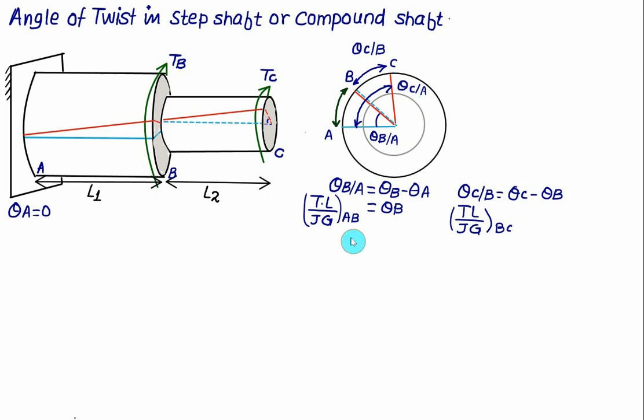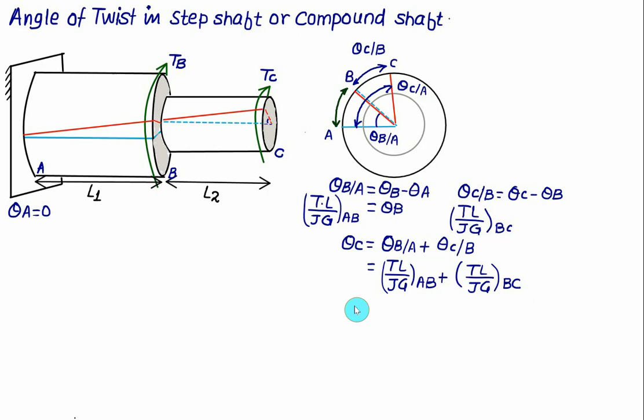The absolute value of theta C, the total deformation of C with respect to A, is the twist of B with respect to A plus the twist of C with respect to B. That will be equal to TL by JG for the shaft AB plus TL by JG for the shaft BC.